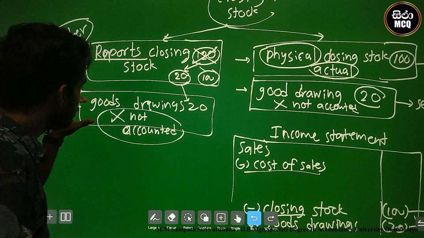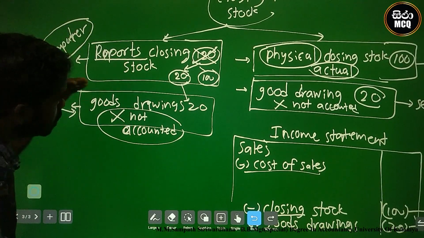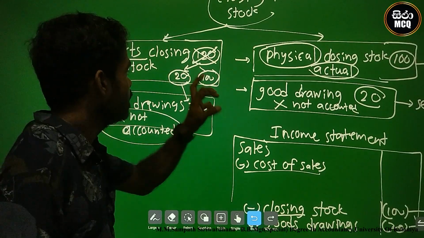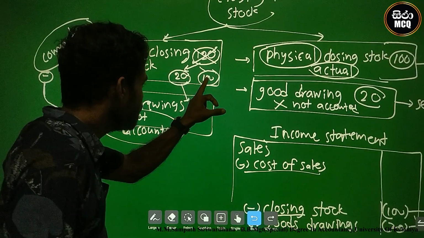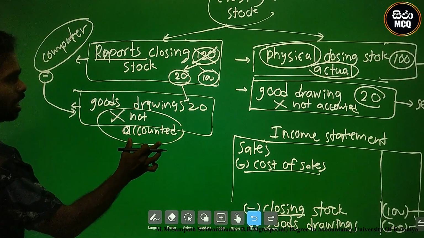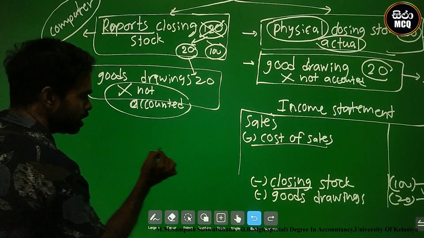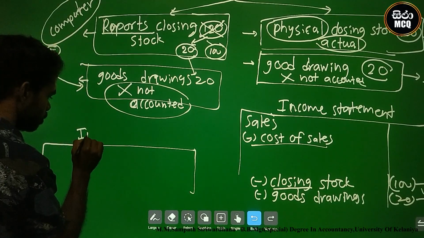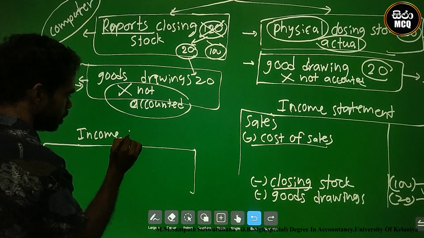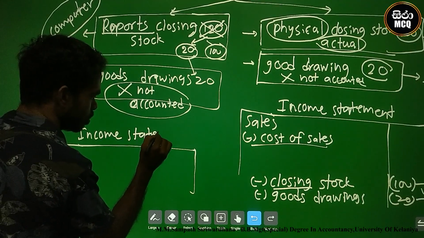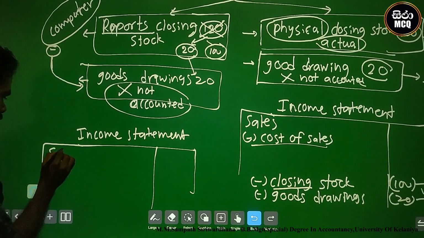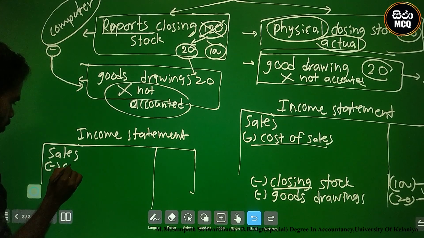The goods drawings impact the computer accounts. After the computer accounts are rectified, the actual physical one is 100. What are the accounts? The destinations. Destination means income statements, sales minus cost of sales.